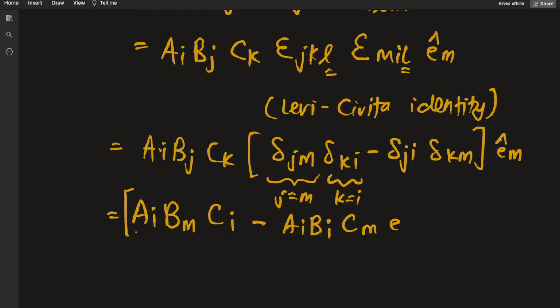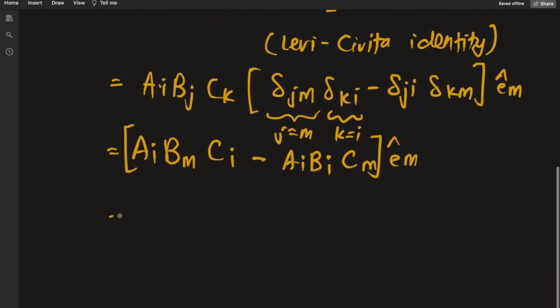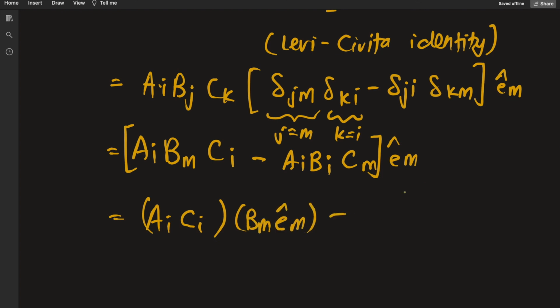And all of this is being multiplied with e sub m hat. So take a sub i, c sub i as one quantity and b sub m, e sub m hat, minus a sub i, b sub i, c sub m, e sub m hat.